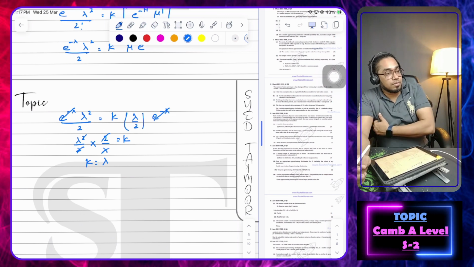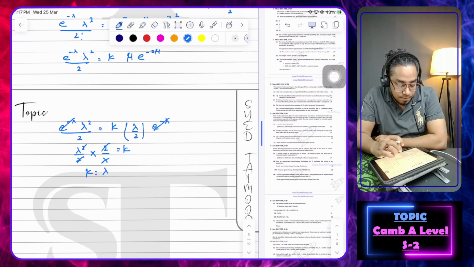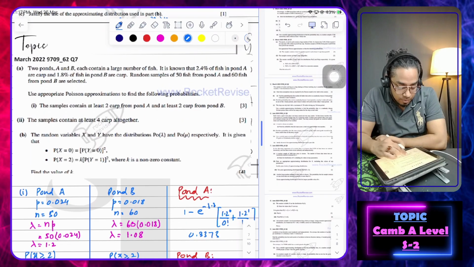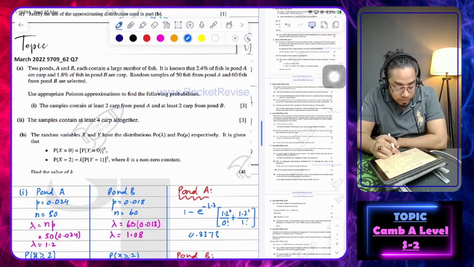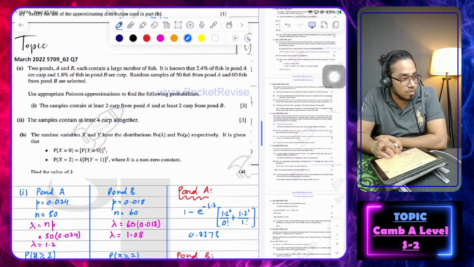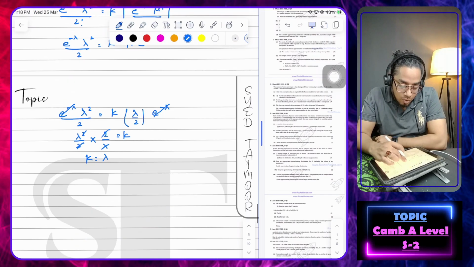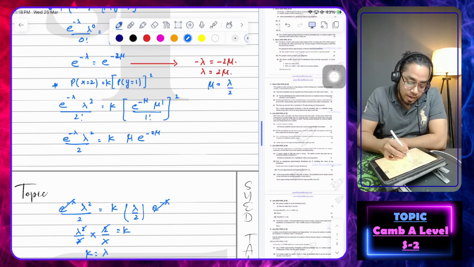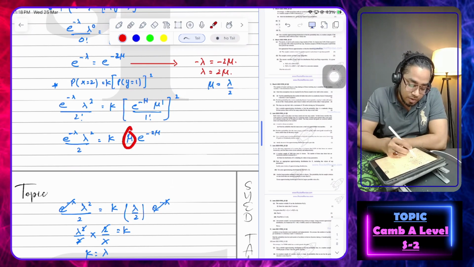You were asking? No, it's not that type of question. They were saying something over here: find the value of k. They were exactly asking about the value of k. Oh, when I applied the square on this one, the square will apply on this one as well.